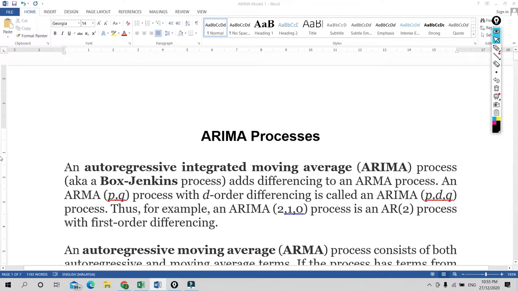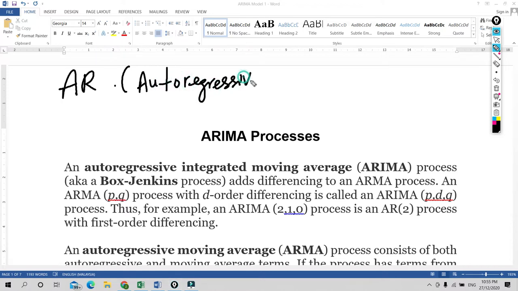So the ARIMA process takes the ARMA process and includes integrated differencing. In ARMA we have two models: AR, or autoregressive, and MA, moving average.